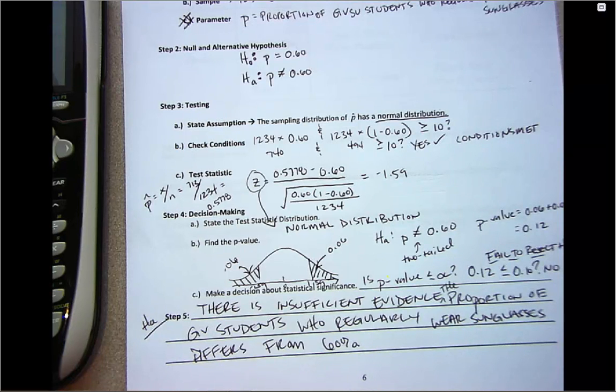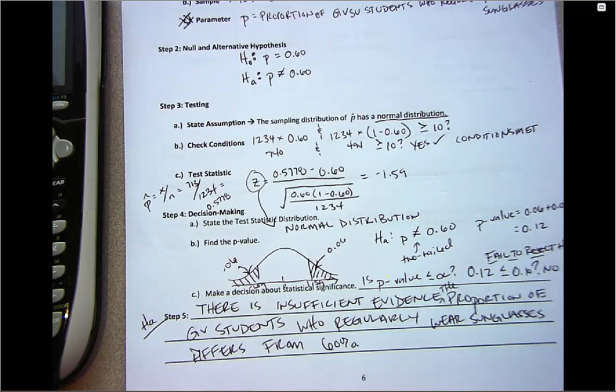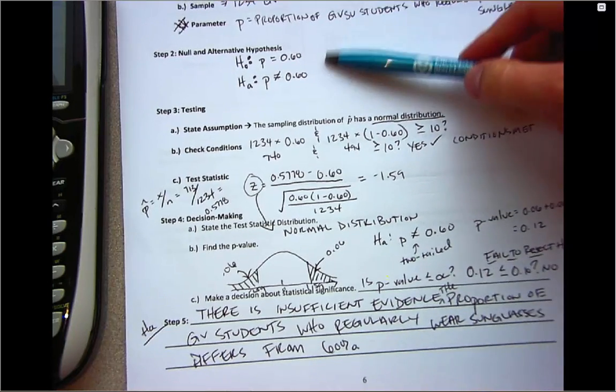So it might be that it's less than, it might be that it's greater than, but the way the hypothesis test was stated, I was just looking for a difference, and I wasn't able to say that it differs from 60%, where I had the opportunity for it to be both less than or greater than for it to be different from 60%. So the next lecture we'll talk about what can go wrong with hypothesis testing, but now you've seen all three versions of a hypothesis test. Less than, greater than, and here we had a two-tailed test because we were looking at differs from.